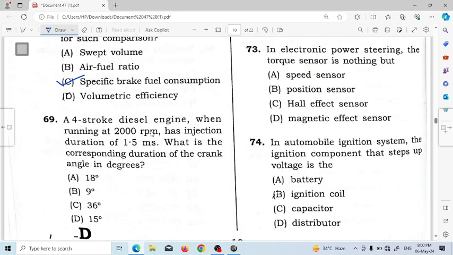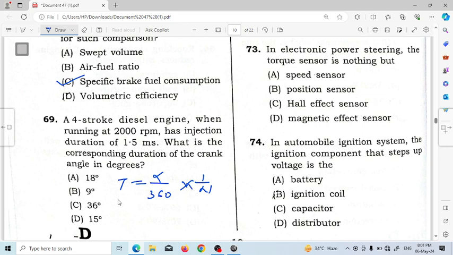Next, a four-stroke diesel engine running at 2000 rpm has an injection duration of 1.5 millisecond. What is the corresponding duration of the crank angle in degrees? So the time is alpha by 360 into 1 by n, where n is revolutions per second.